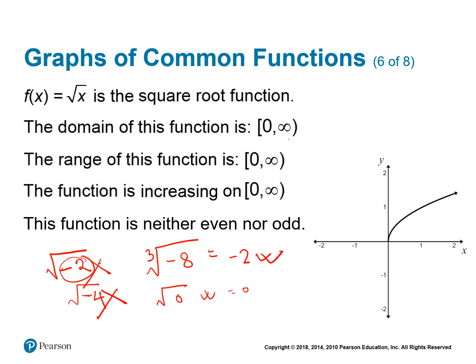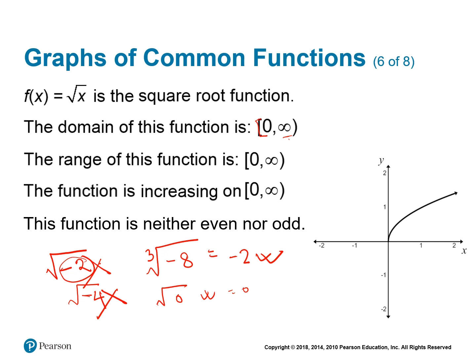So the domain can take all values starting from 0 and including 0. That's why it has the square bracket to the left of 0. That means 0 is included in the set, and any positive number all the way to infinity.